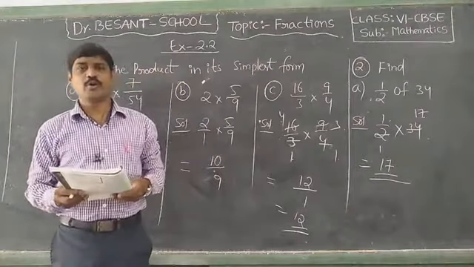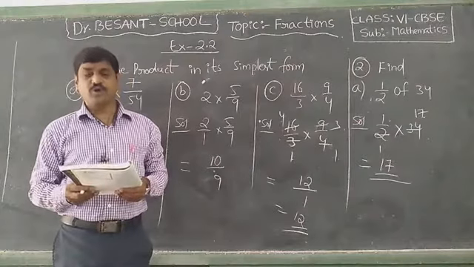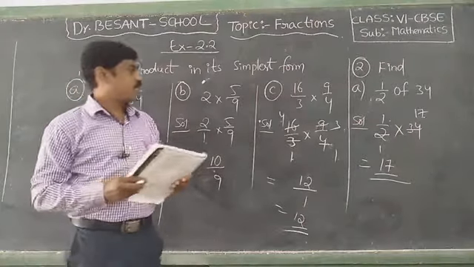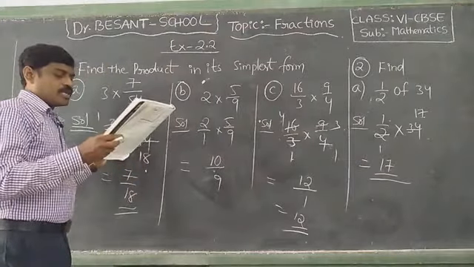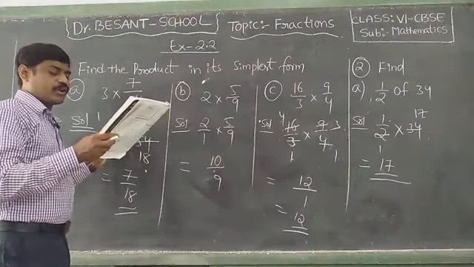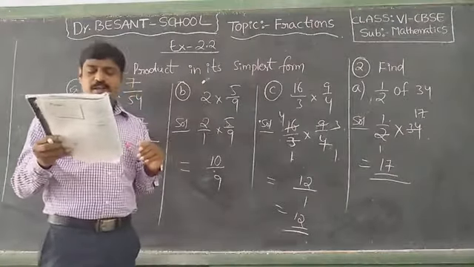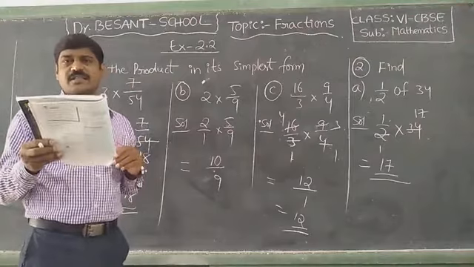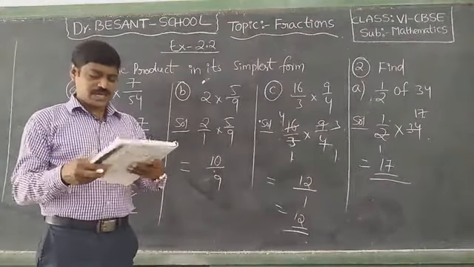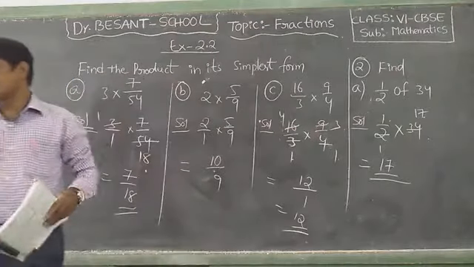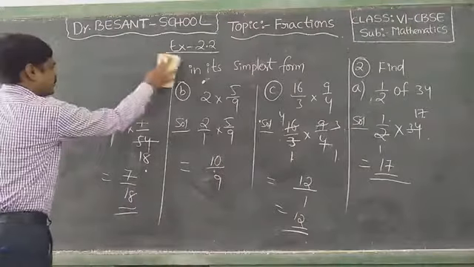Of means what? Into, no? Simply we can solve. Next, third one: 3 by 5 of 30. That means 3 by 5 into 30. 5 sixes are 30, 6 threes are 18. So like this we can solve it. I will explain that also. Please wait.